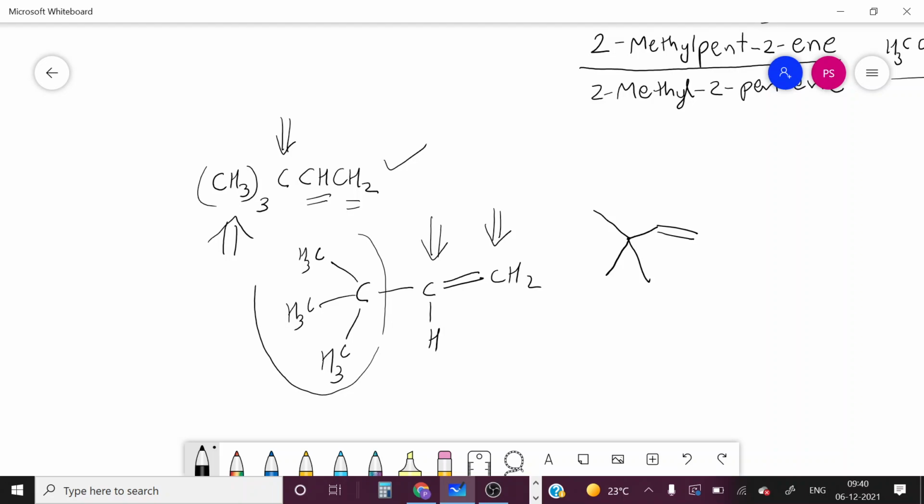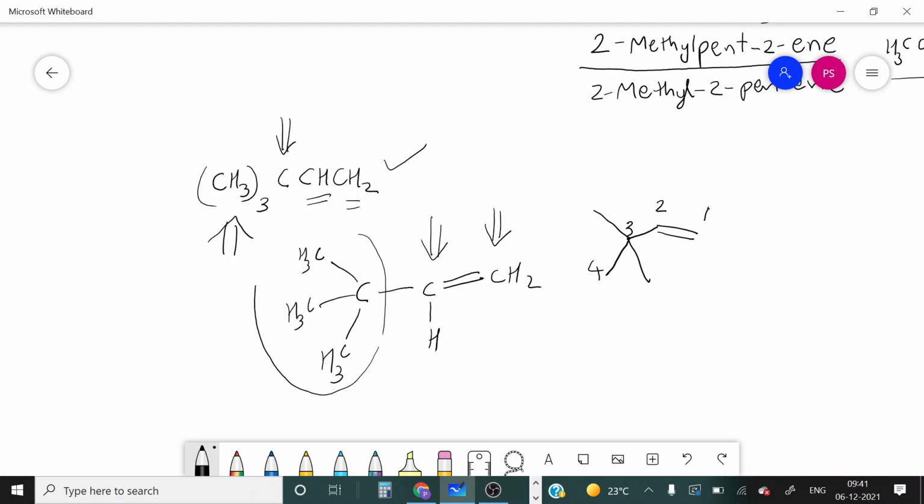Numbering should start from the principal functional group, and principal functional group here is carbon carbon double bond. Carbon carbon double bond means it is alkene. So the name of this hydrocarbon should end with ENE, alkene. Third carbon, and this is the fourth carbon. Which alkene? 4 carbon means butane.